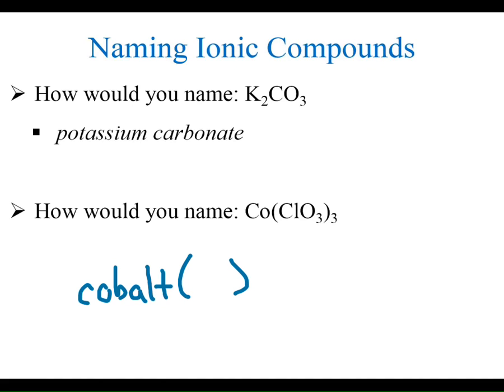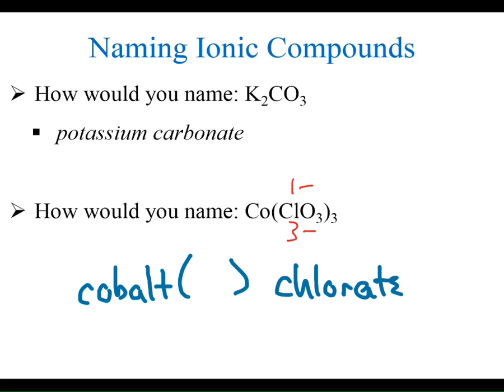How do we figure it out? Well, we figure it out by figuring out what this ClO3 crazy thing is. So what's ClO3 called? Chlorate. Good. Awesome. So what's the charge on chlorate normally? 1 negative. How many chlorates do I have? 3. So I have a total of 3 negatives.